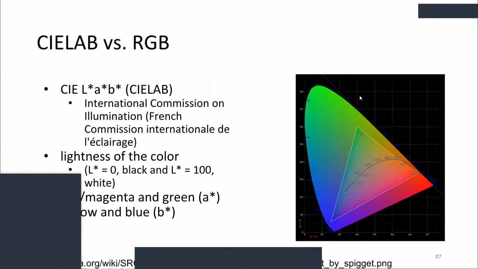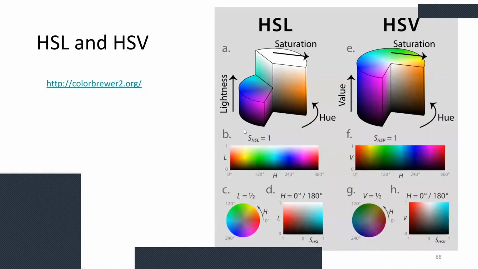CIE Lab uses more human understanding of coloring and their actual gamut of colors, if you will. And so it ties more directly to how people perceive color versus the more static approach that RGB is.